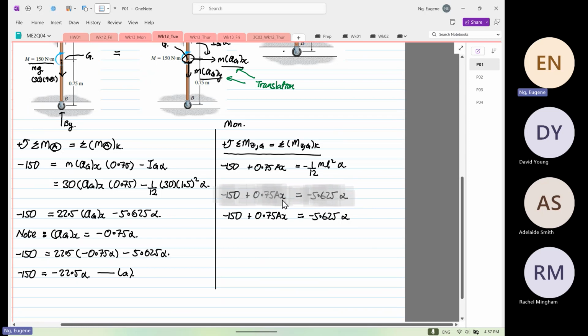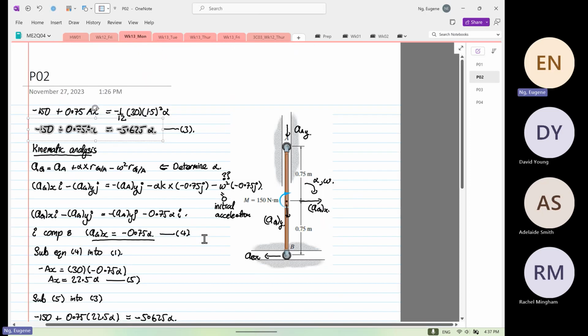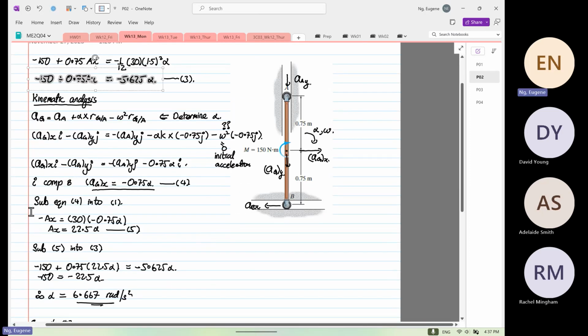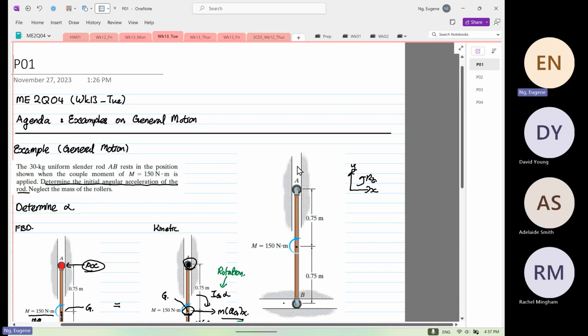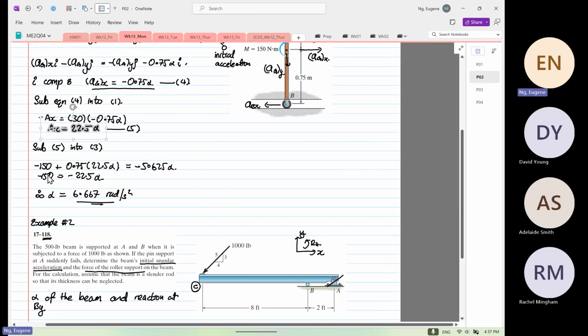So it is still not the same yet, right? Then we found what is our Ax. Okay, so we found this relationship where Ax is equal to this expression over here. And finally, what we had yesterday is we also conclude with this relationship.